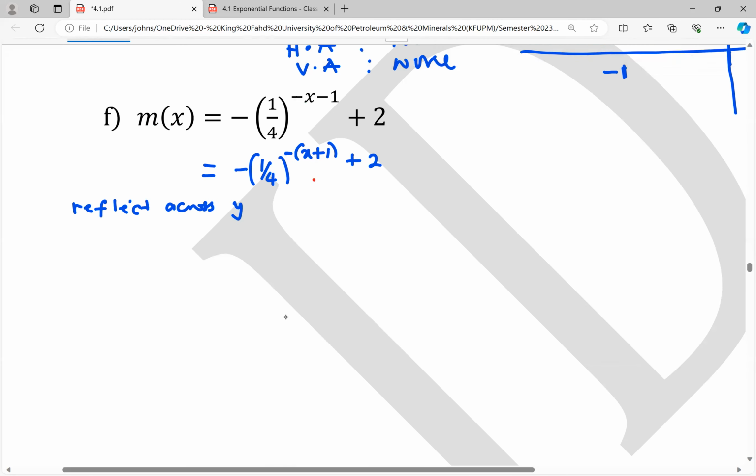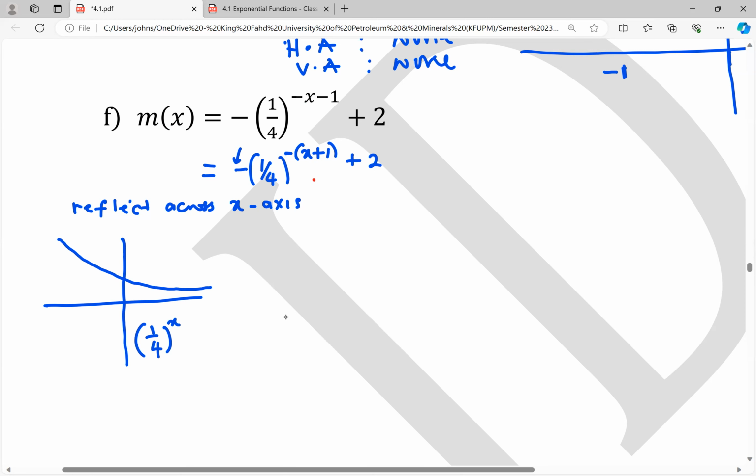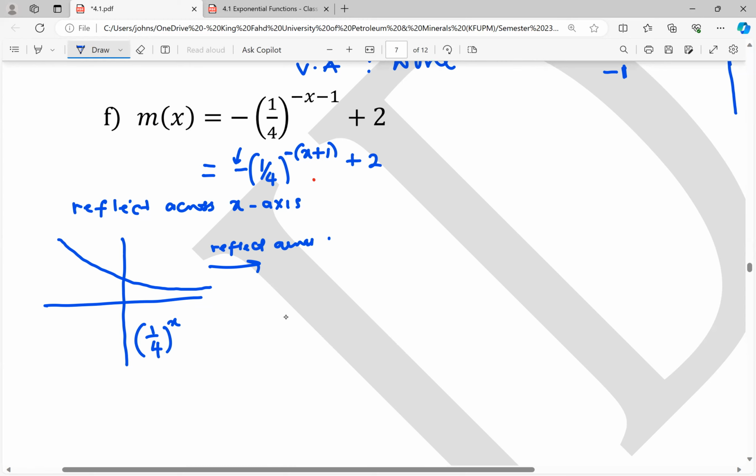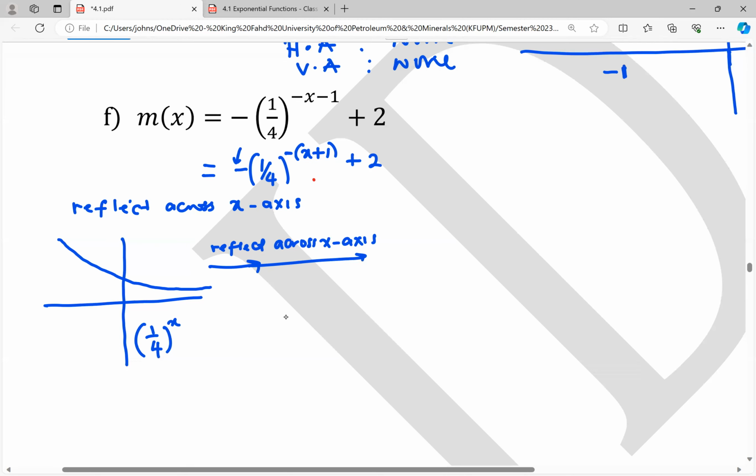So what I'm saying is this. We have this graph. 1 over 4 is something like this. This is 1 over 4x, right? Now, because of this minus outside, we reflect across the x-axis. If you reflect this across the x-axis, it will just become something like this.